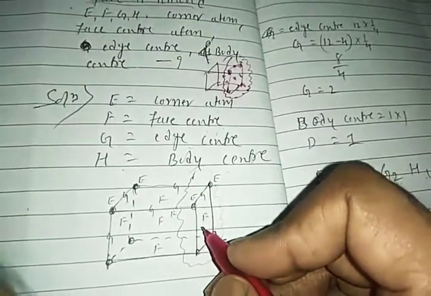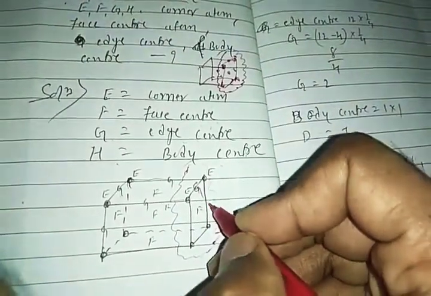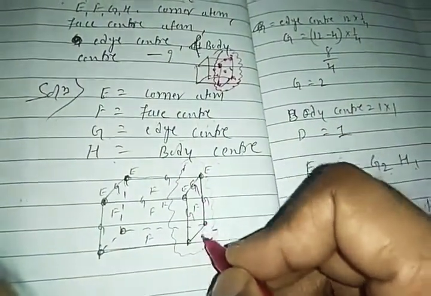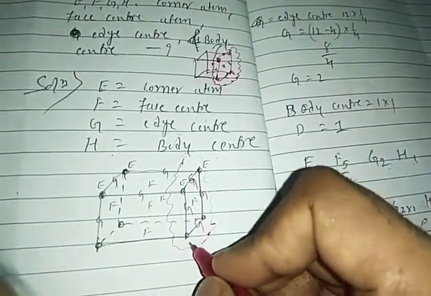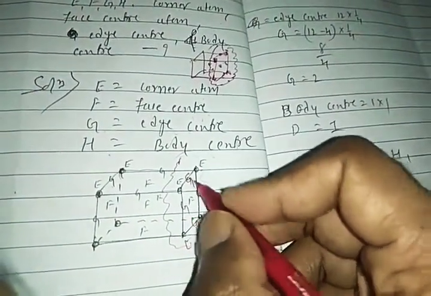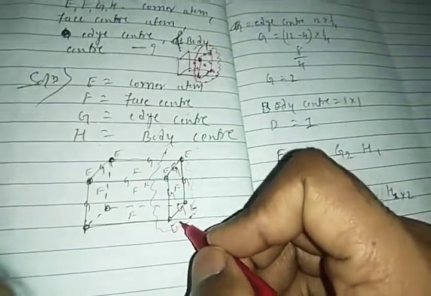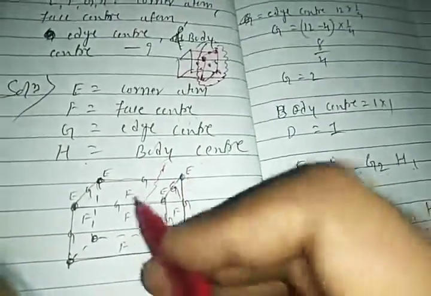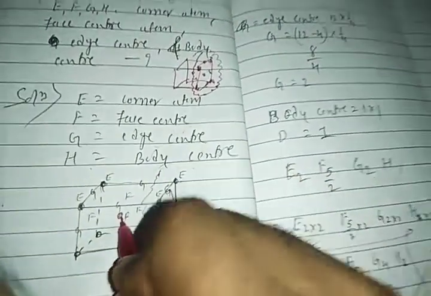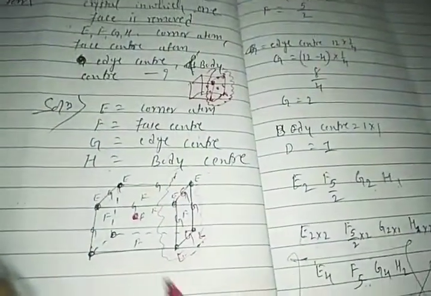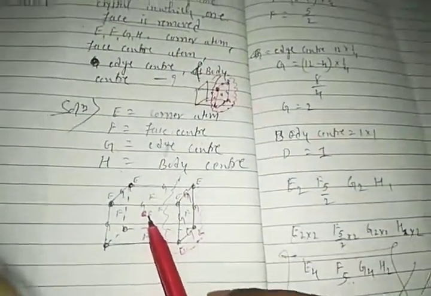Face center, edge center is G. How many G are there? 4. And how many corner atoms? 1, 2, 3, 4, 4 E. And H is the body center. H is here, this dot portion is H. So there is no change to the body center, it remains the same. Nothing happens to the body center particle.